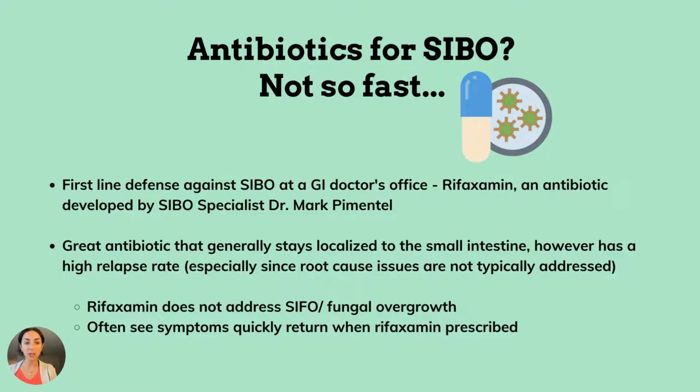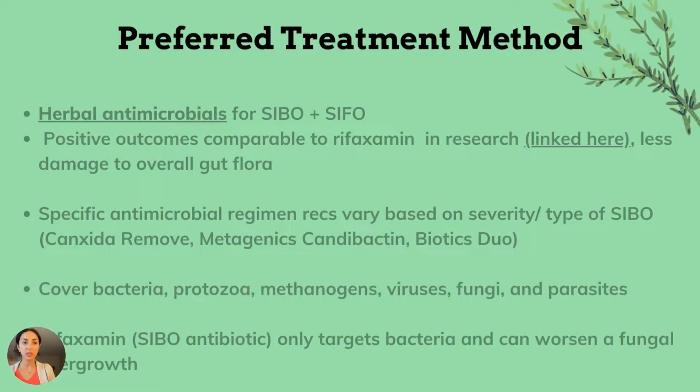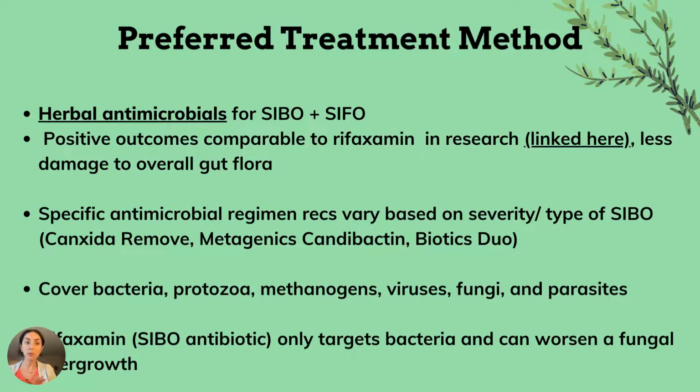So that's really important. I'll talk about my preferred method that doesn't have a high relapse rate, and it addresses all fungi, parasites, viruses. My specialty is using herbal antimicrobials because they have more positive outcomes compared to rifaximin in research. I've linked a study here. There's more and more research coming out about herbal support, and it's a more natural route.